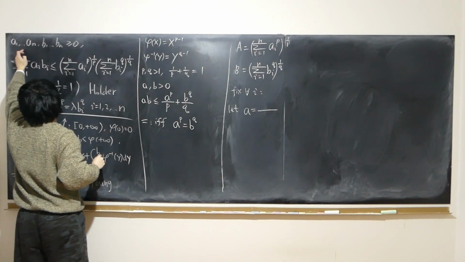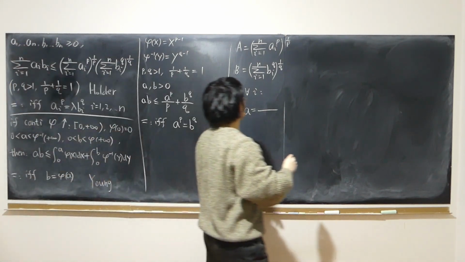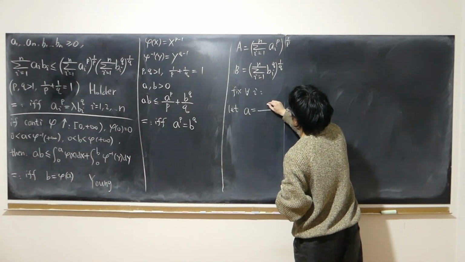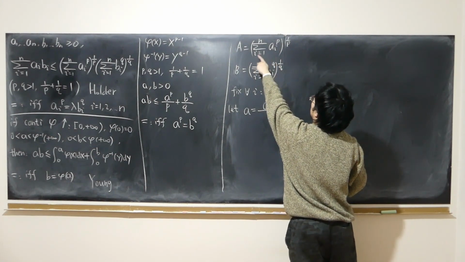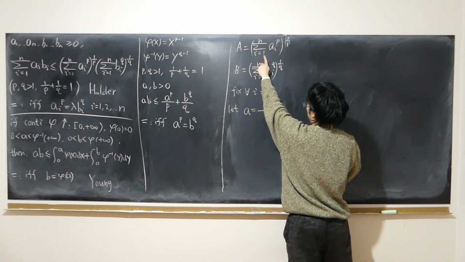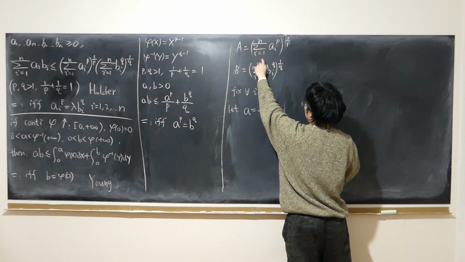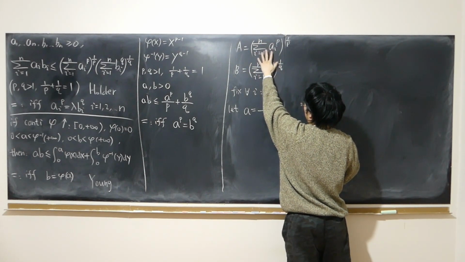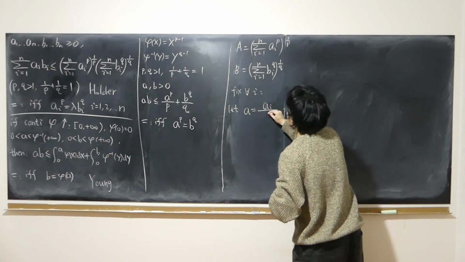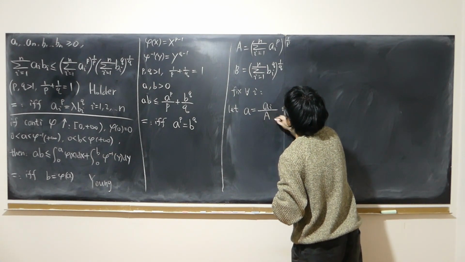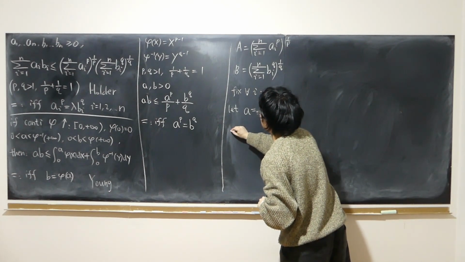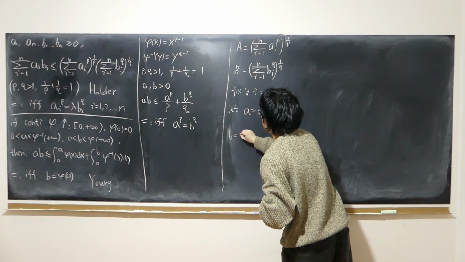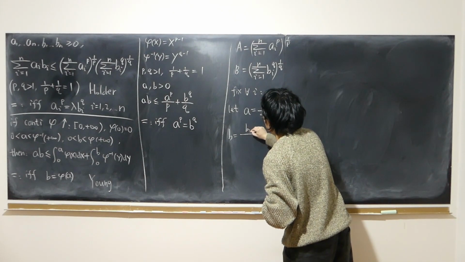I'm choosing some fixed a_i from here. Right? So a_i over, I'm going to use this number, right? Notice this is already a fixed number, already a constant, because this summation already completed, right? So over A. Right? Also, I'm going to let b equal, likewise, b_i over B.